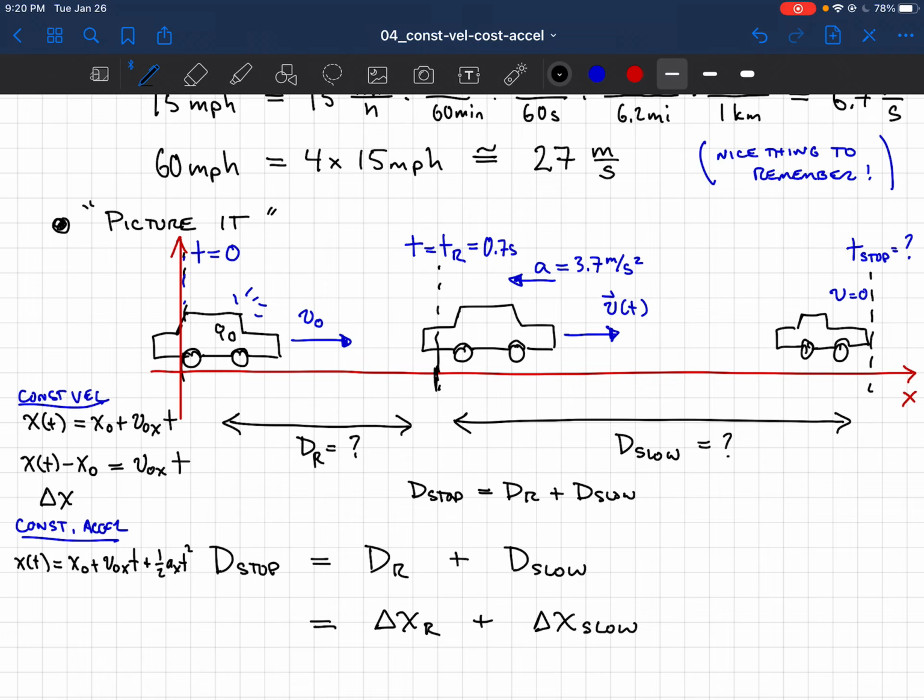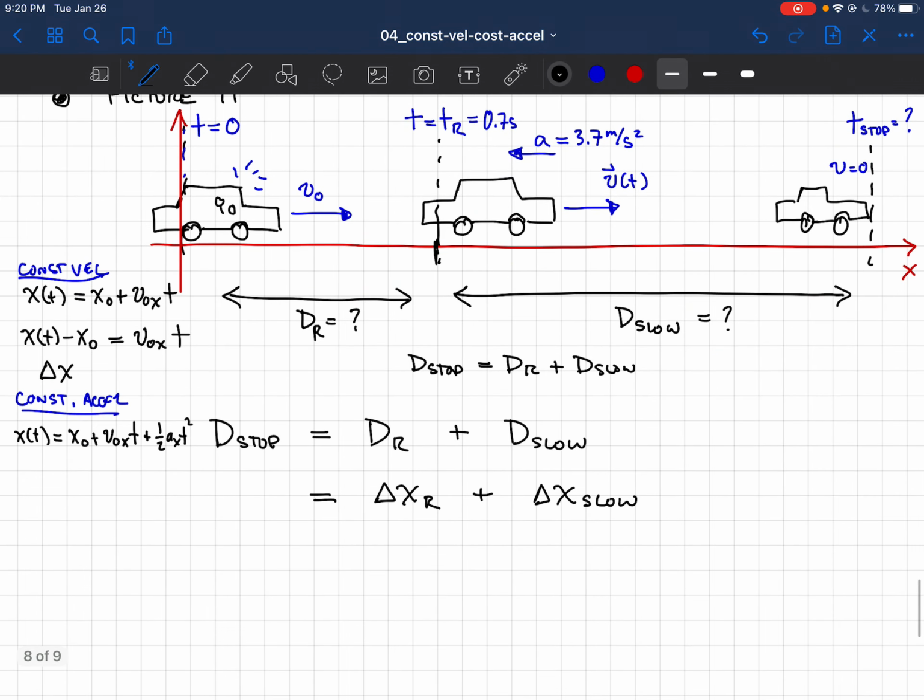And so now let's use those. So taking these two things together, we can get delta x. And so delta x reaction during the constant velocity is just going to be v0x times the amount of time. So this is going to be the reaction time. There, I'm using this piece right here.